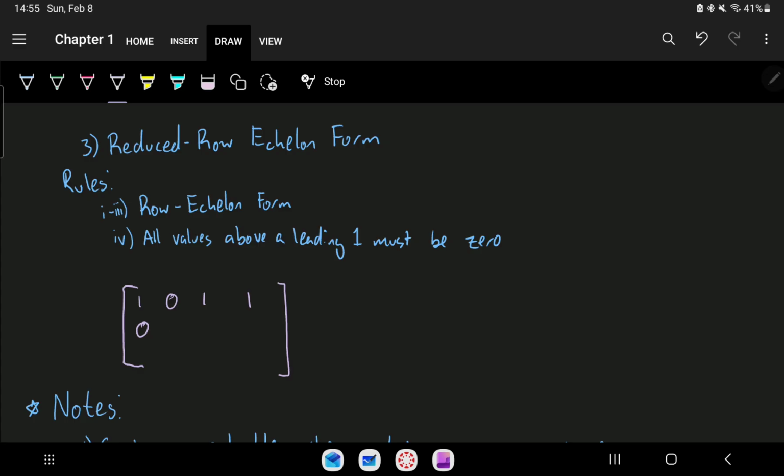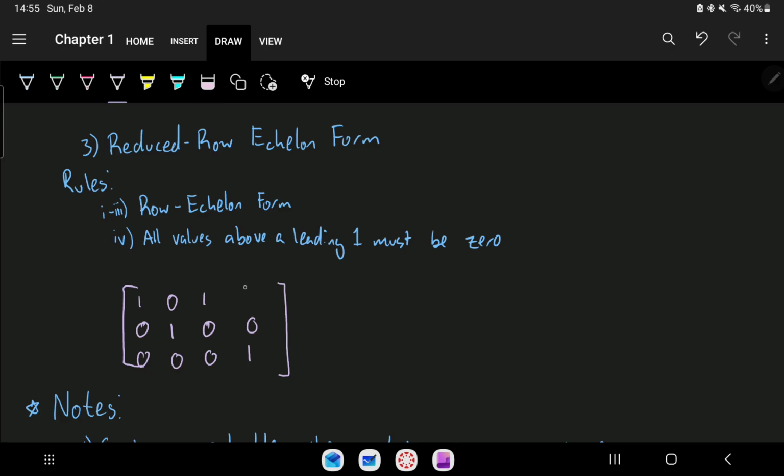Basically, if my leading 1 in the second row is going to be here, then this number must be a 0. I cannot have that 1 there. So something like this would be fine. No, it wouldn't, because this right here must also be a 0.